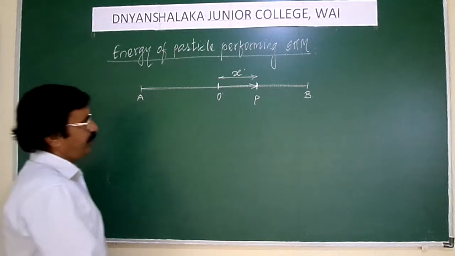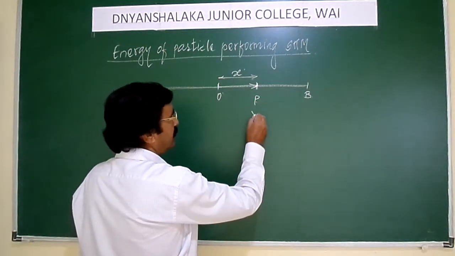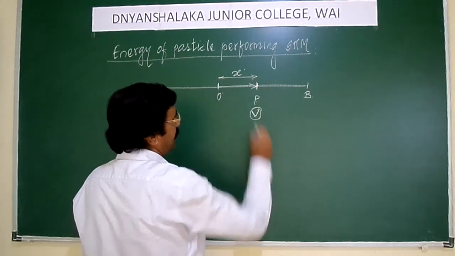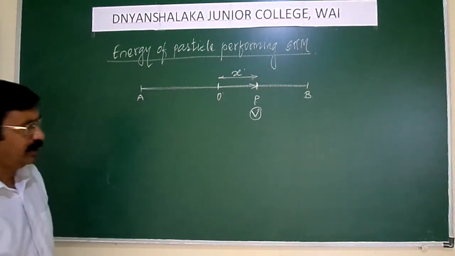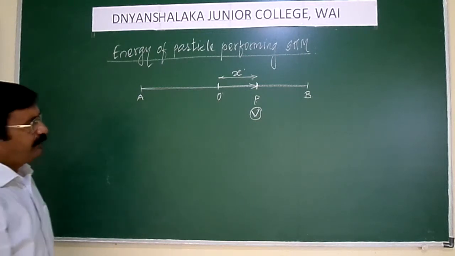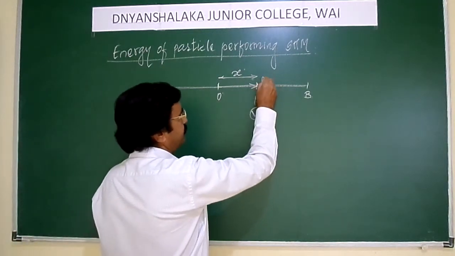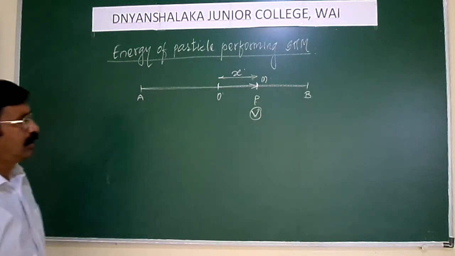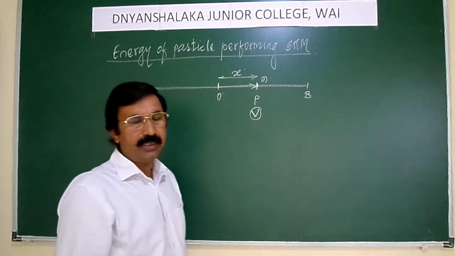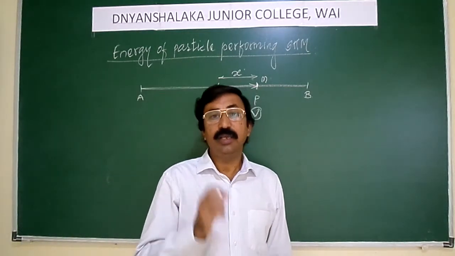Now in this case, there will be a certain linear velocity acquired by the particle when it is moving, say v. If m is the mass of the particle, then certainly it acquires a certain kinetic energy.